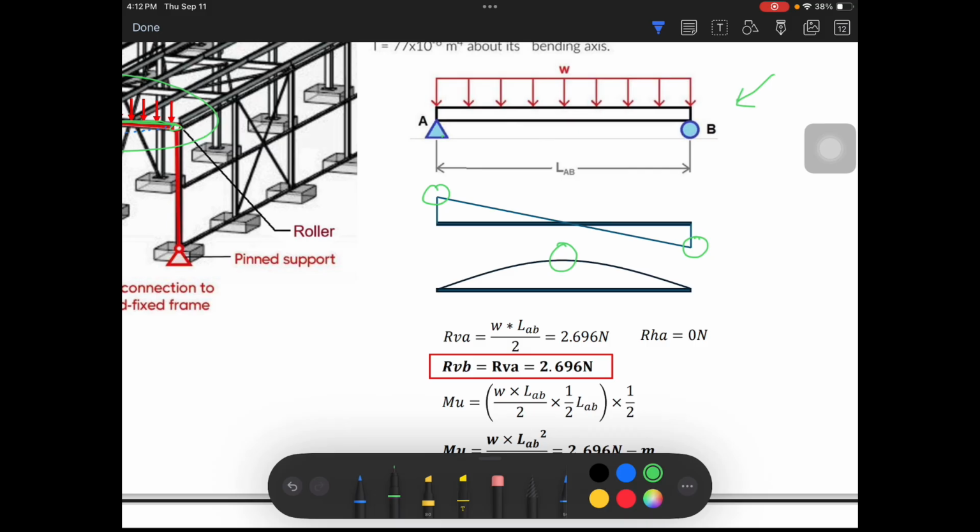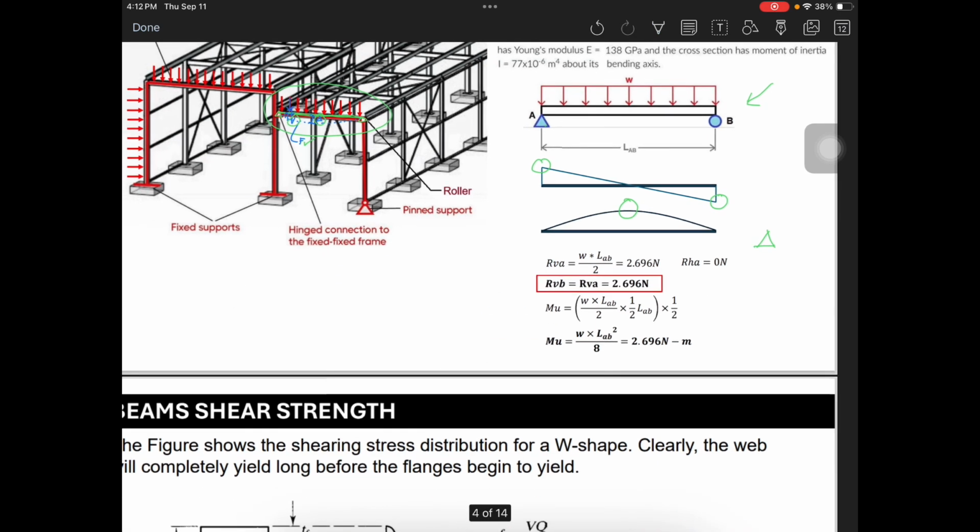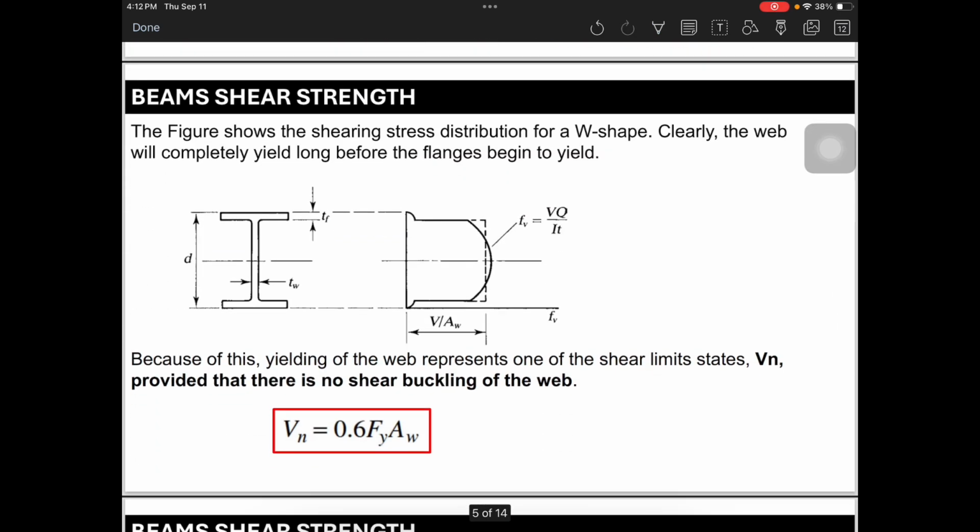And then, using yung structural theory, makukuha mo naman doon yung deflection ng beam mo. So now, tapos na tayo mag-check ng flexure. Sa beam shear strength naman tayo.